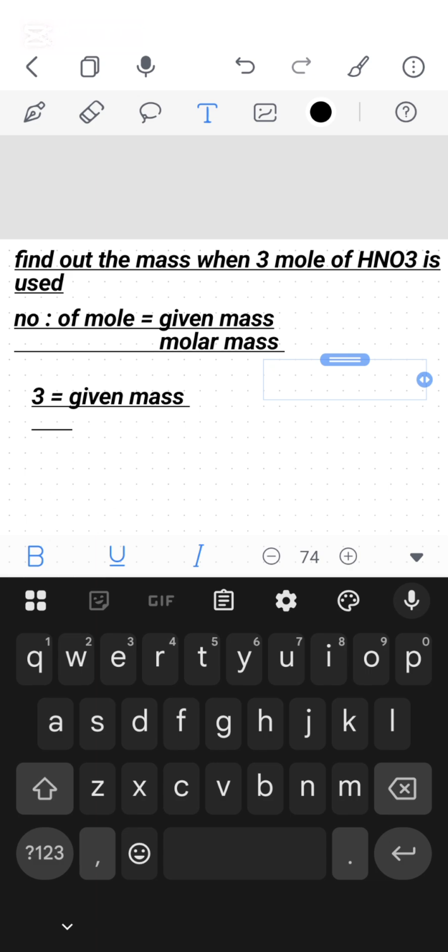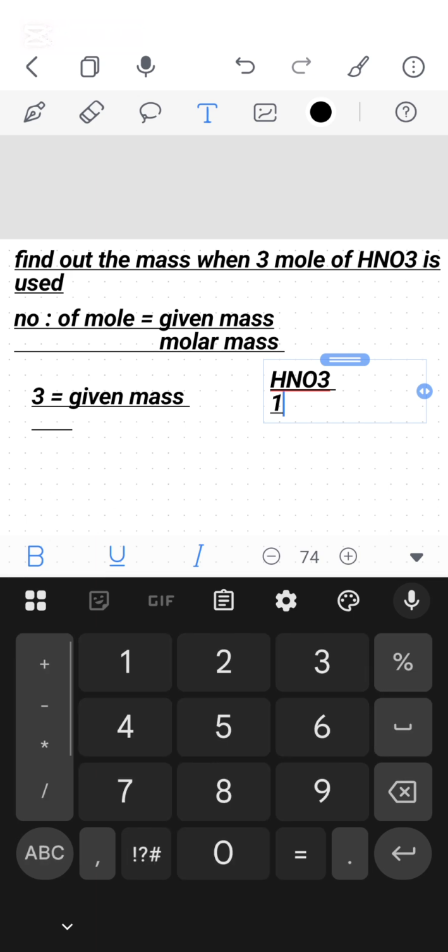HNO3: we have hydrogen 1, plus nitrogen 14, plus the oxygen atomic mass is 16, and it also has the 3, so 16 multiplied by 3.